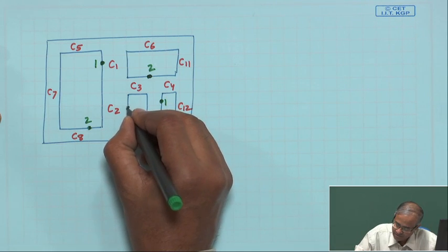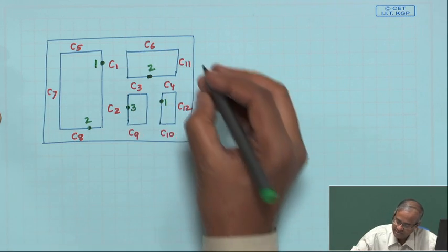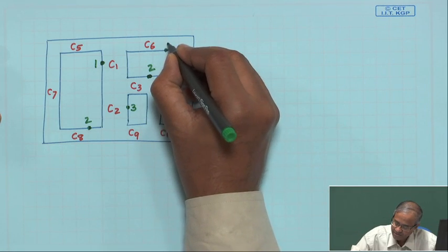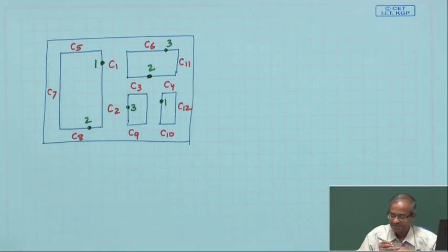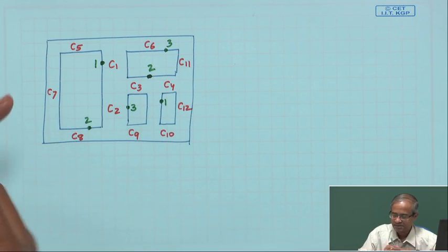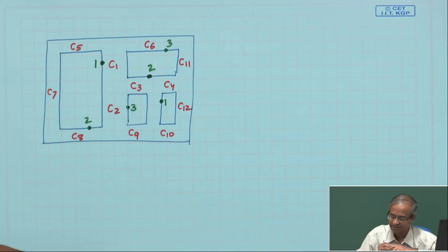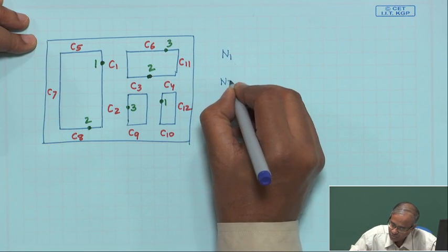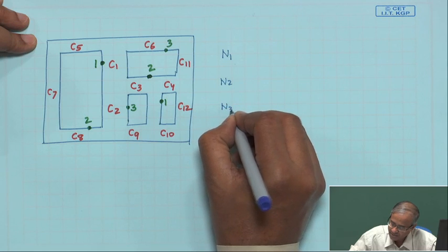Let us take another one, a pin here, 3, has to be connected to a pin here, 3. So, there will be many such nets. These are all 2 terminal nets, let us say. So, there is net number 1, net number 2, net number 3.